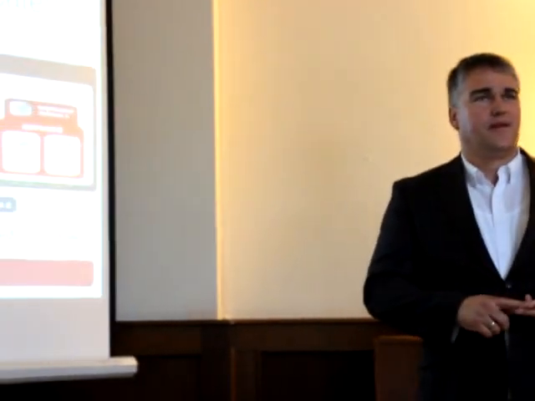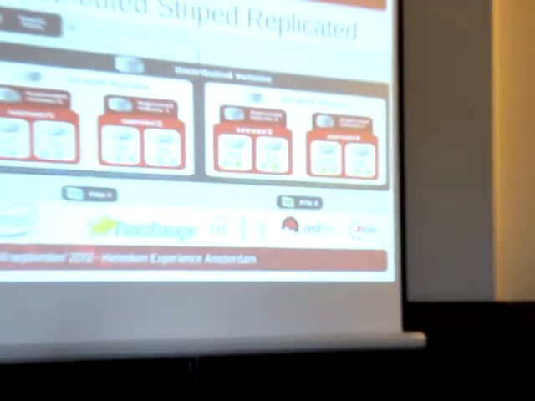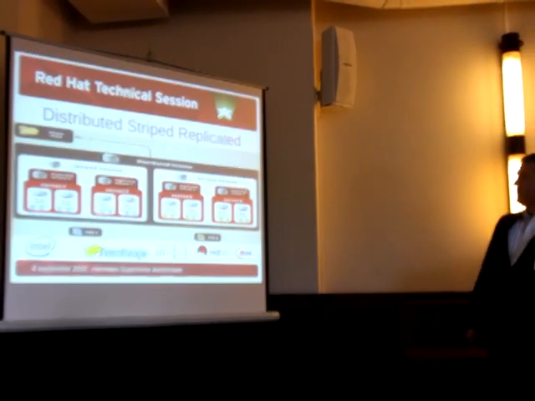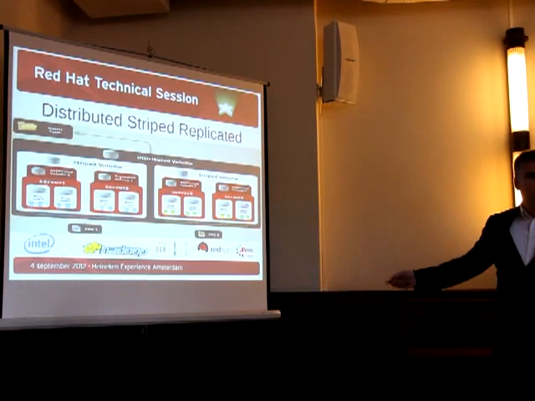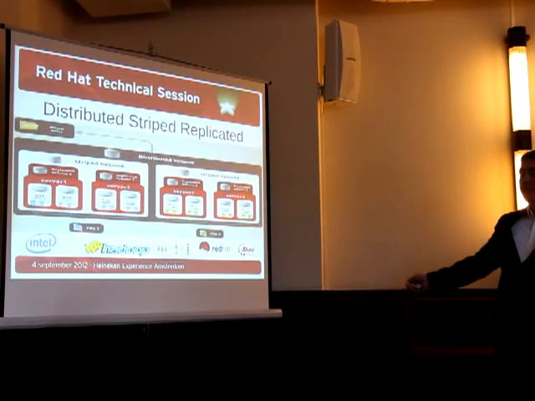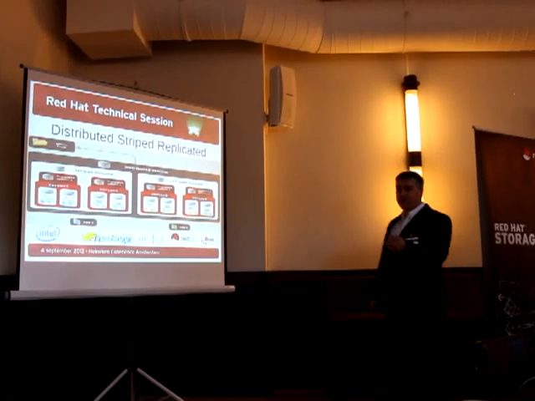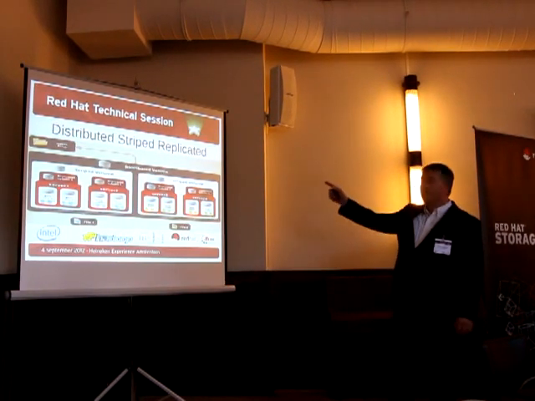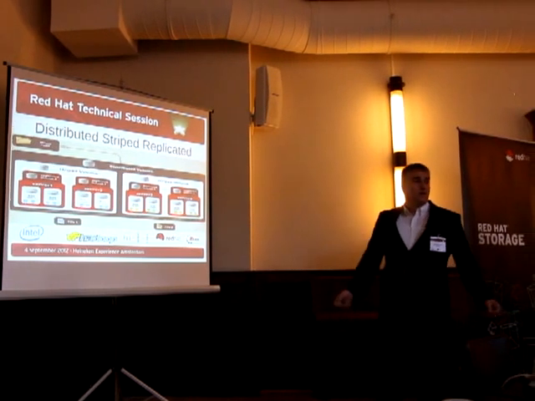Then another example, distributed, striped, replicated. These are striped volumes, striped over several spindles, also replicated and also distributed, again for scalability. So distributed for scalability, striped for performance and replicated for security.